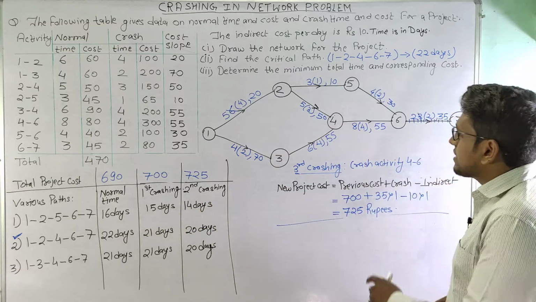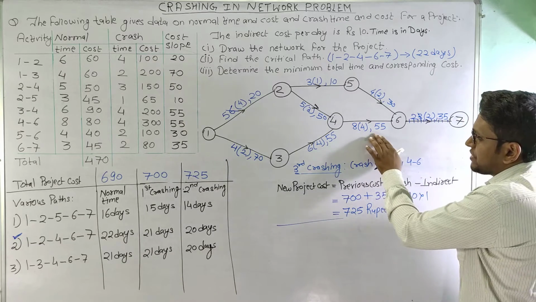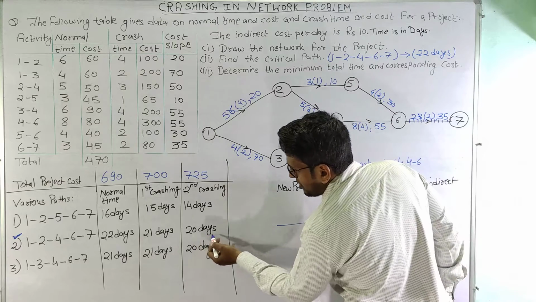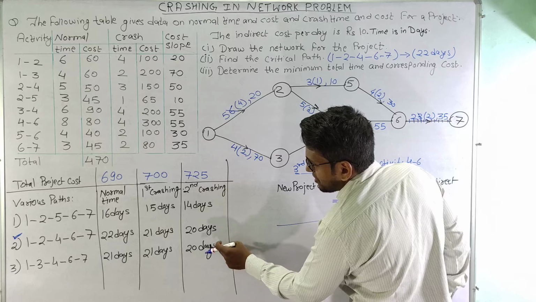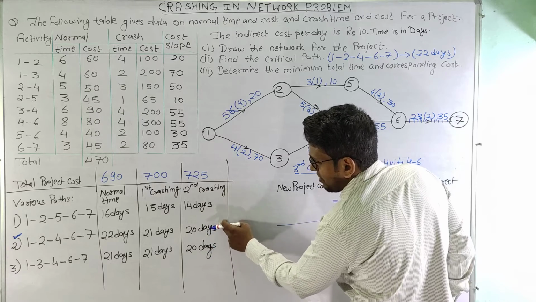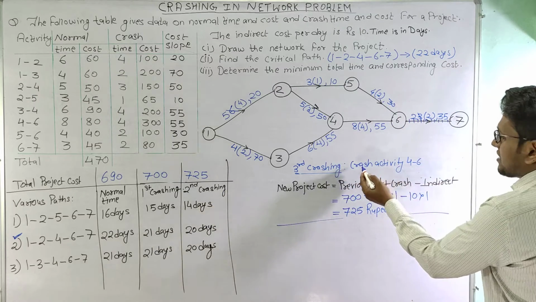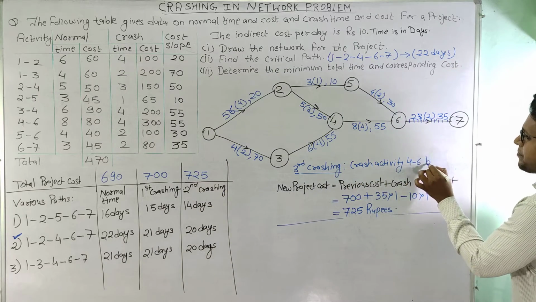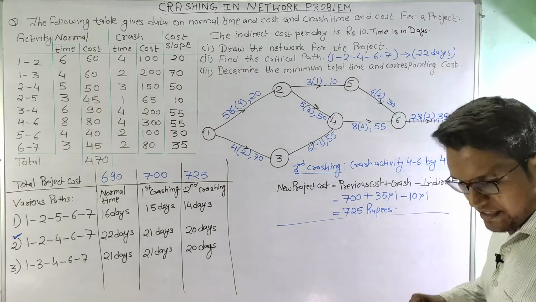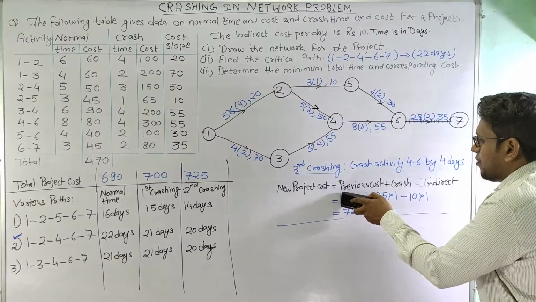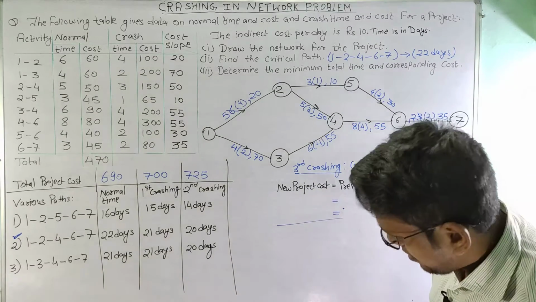That means we can crash this activity for 4 days, because if we crash it for 4 days, the timing of these two paths will become 16 and 16, which is still greater than 14. So we can crash activity 4, 6 by 4 days here. So let us crash this activity by 4 days and see what will happen here.